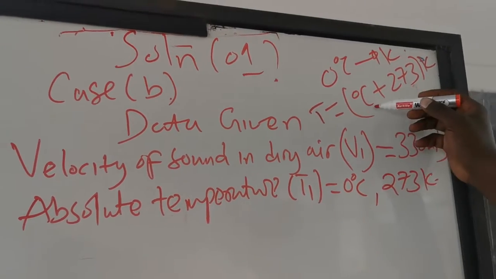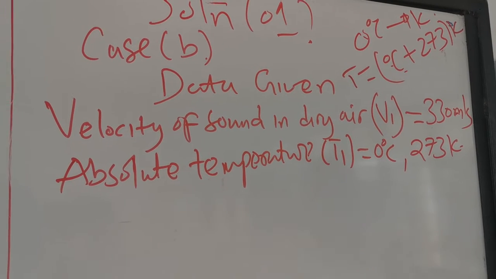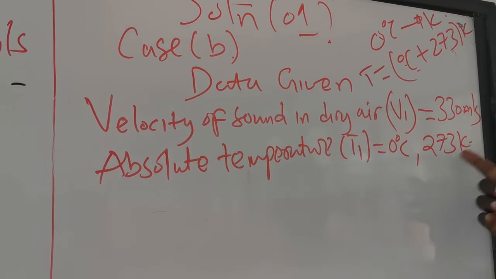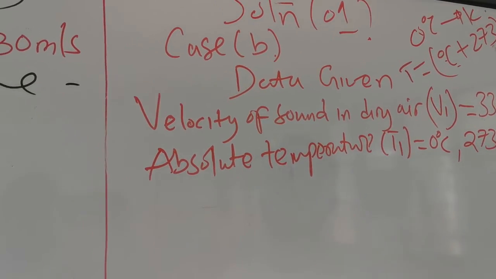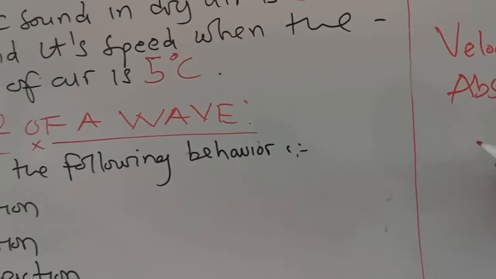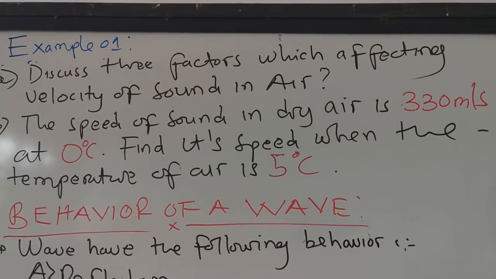Kwa hiyo hapo nimesha change temperature yangu from degrees Celsius to absolute or Kelvin. Wakati huo aliniambia find its speed when the temperature of air is raised. So now temperature is raised.